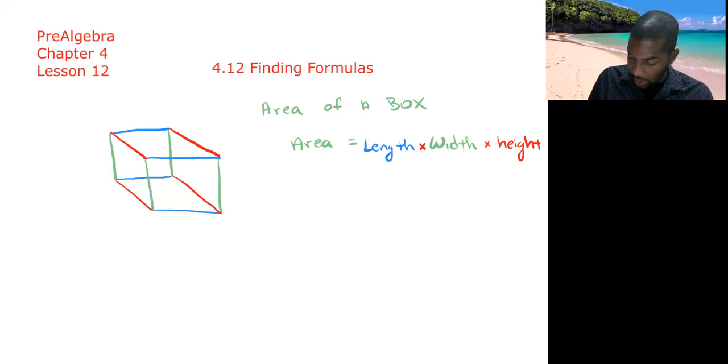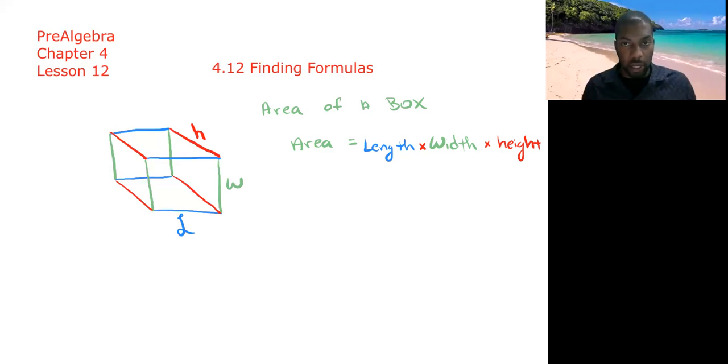So, I mean, I didn't really do it in the exact same orientation, but there's height, there's the width, and there's the length, depending on how you orient your box, right?